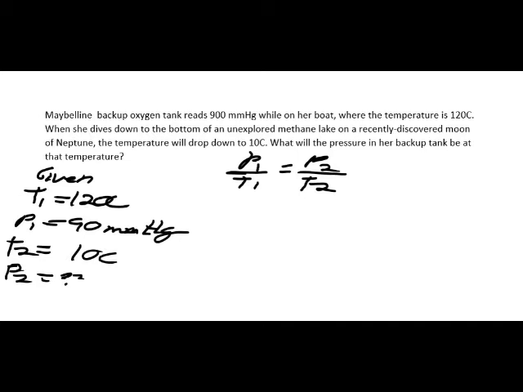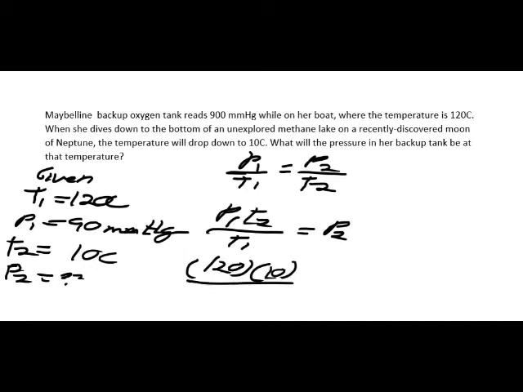We want to find P2, so we're going to use this equation: P2 equals P1 T2 over T1. So P1 is 120 times 10 divided by 90.